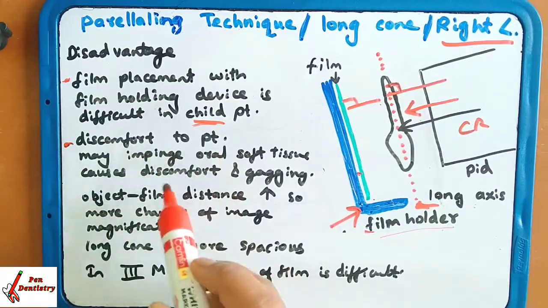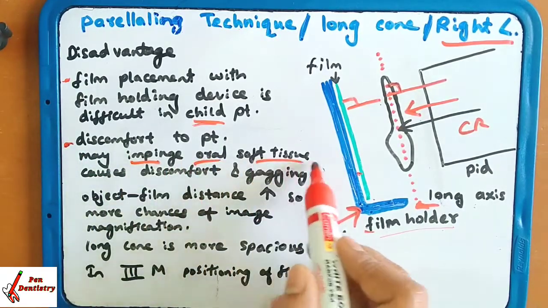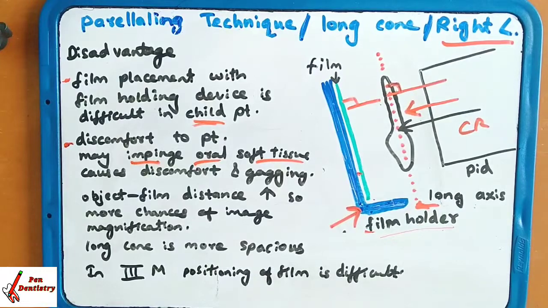There is discomfort to the patient. It may cause impinging on oral soft tissue, which causes discomfort and gagging reflexes. Object and film distance has increased, so there are more chances of image distortion.